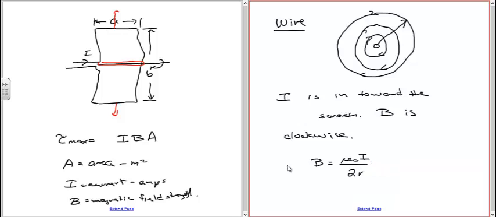Okay, so I'm just looking at chapter 19 in the other book. Okay, so it actually does have 2 pi in there.